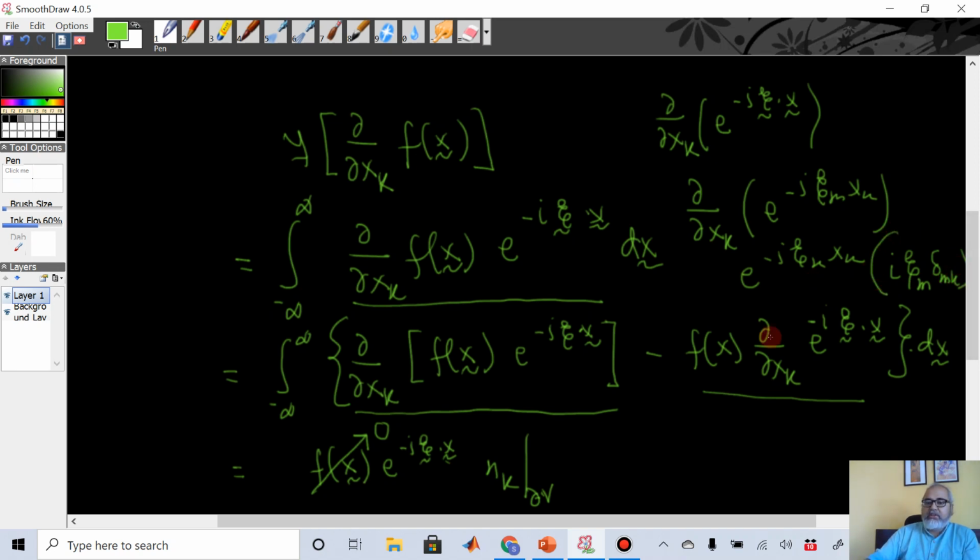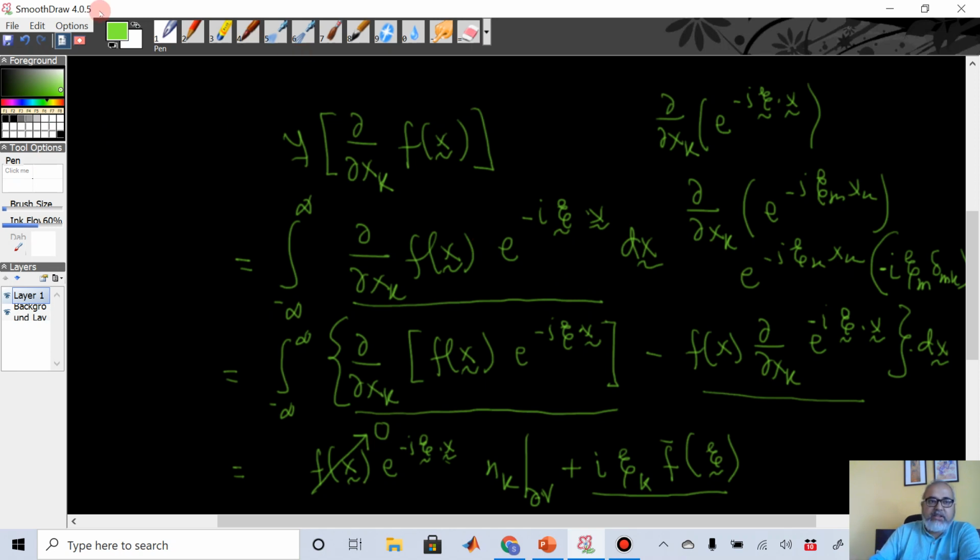So this part will become plus i zeta k f bar of zeta. You can easily prove that this is the case, provided f(x) goes to 0 at the boundaries at infinity.